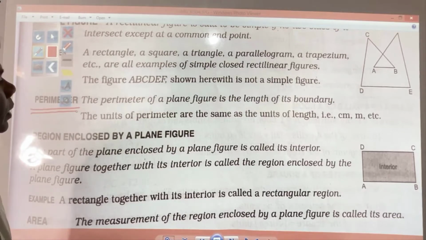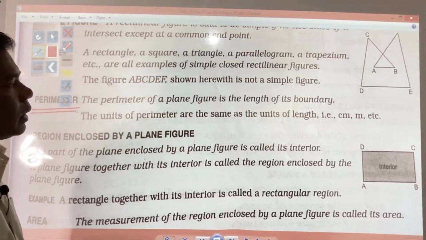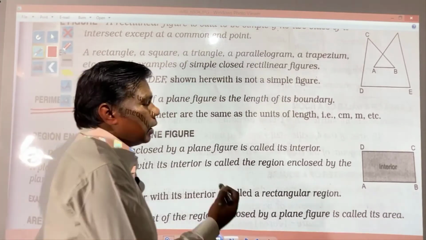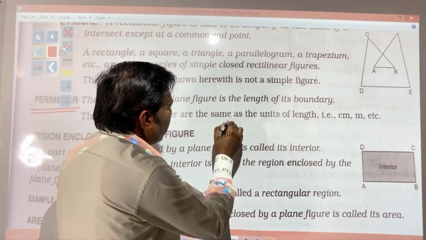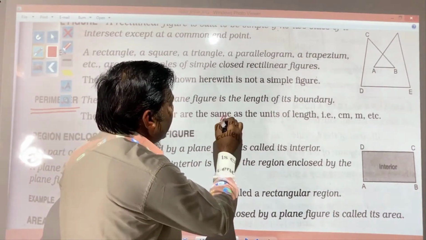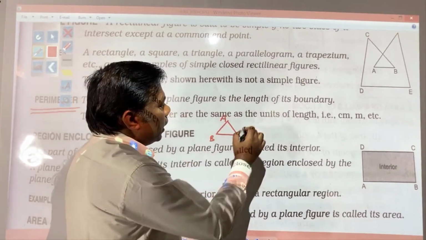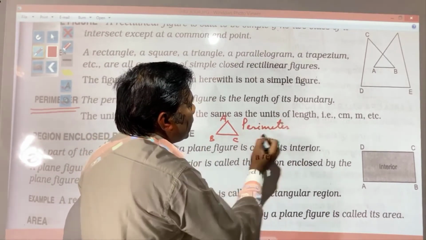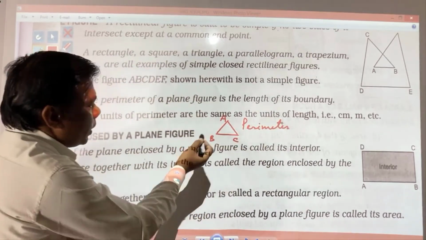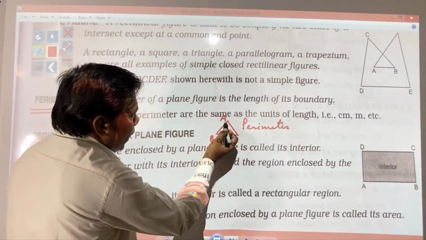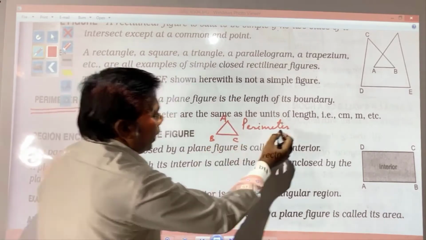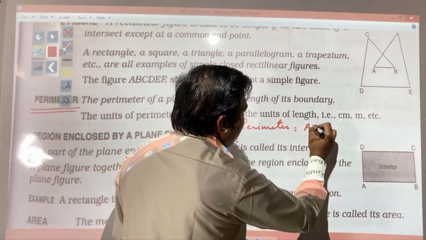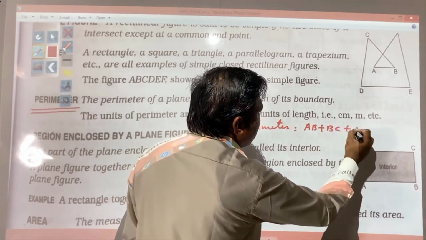The units of perimeter are the same as the units of length, that is centimeter, meter, etc. Suppose you have triangle ABC, then the perimeter of this triangle will be the total length of its boundary. It means AB plus BC plus CA.